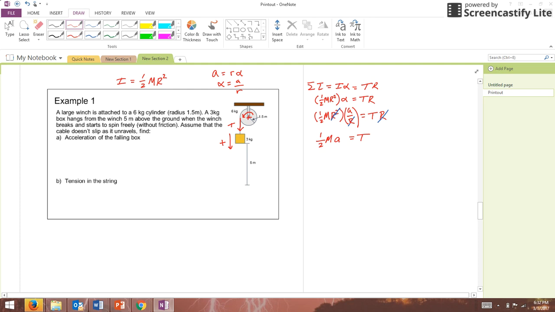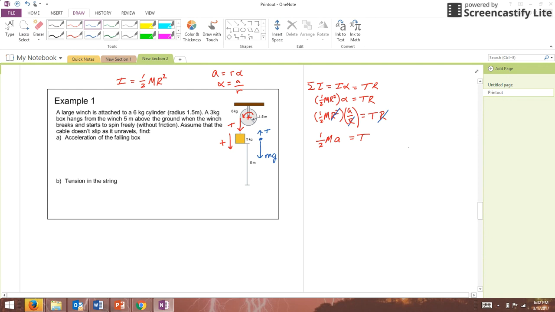Luckily we have another thing available to us, that is we can sum the forces on the block here. So looking at the forces, we're going to have mg down and tension up, and again, not assuming that those things are equal.